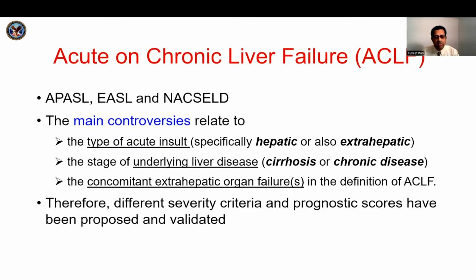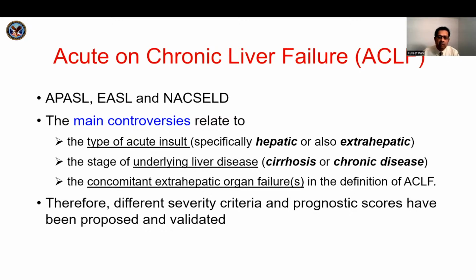Second, the underlying liver disease, which is the presence of cirrhosis or non-cirrhotic chronic liver disease. And lastly, the concomitant extrahepatic organ failure in the definition of ACLF, between APASL versus the other two societies.